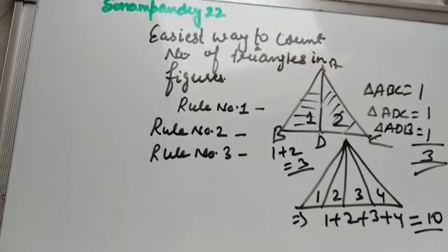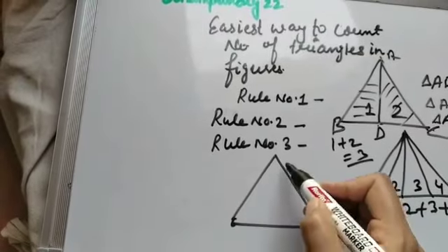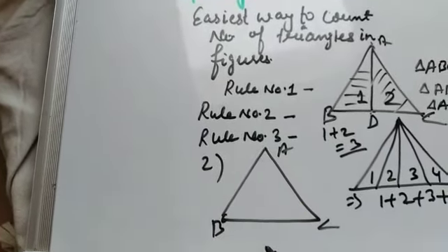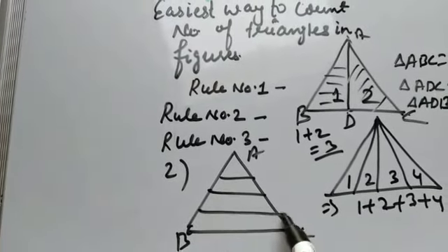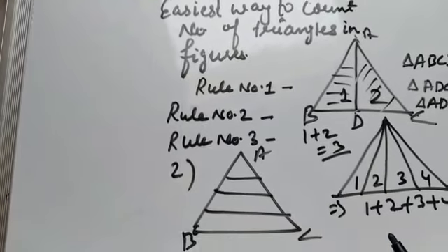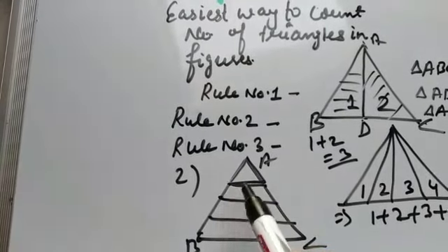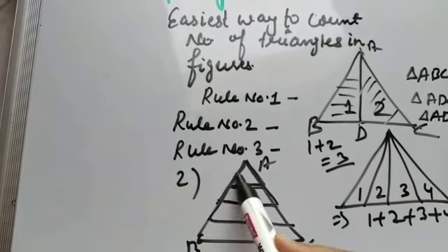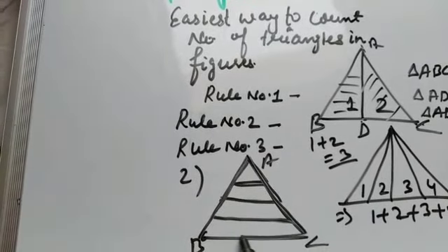Now rule number 2 says that if you have a triangle A, B and C, and there are some parallel lines, then you have to count the number of triangles. So you can see triangle number 1, triangle number 2, triangle number 3 and triangle number 4.